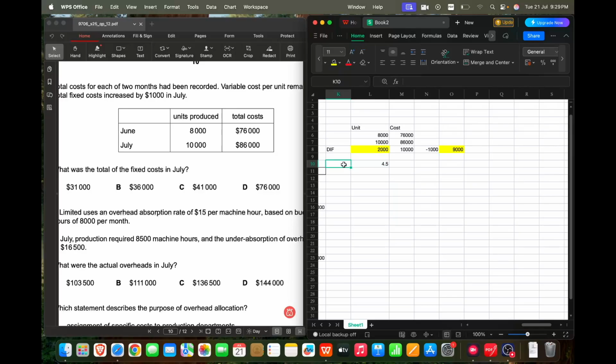That is 4.5 per unit, and this is your variable cost. If variable cost does not change, then in the month of July we are making 10,000 units. So to make 10,000 units, the variable cost we paid is 4.5 per unit. So the total amount that we paid is, okay, it's not showing me, so let me just do it here.